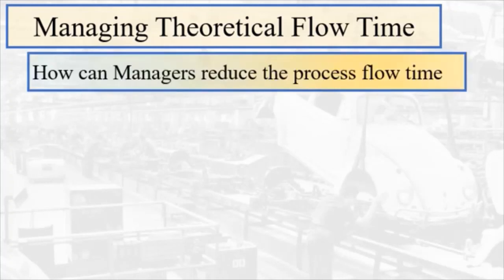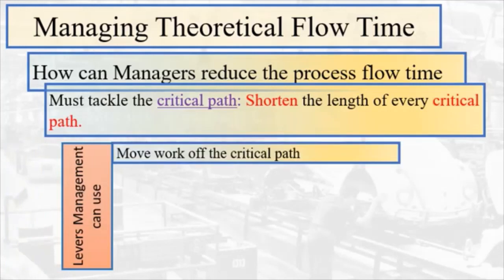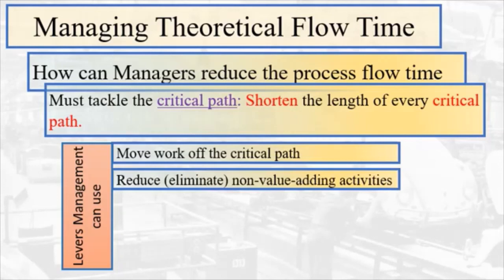Now, what tools do managers have for managing theoretical flow time? First of all, obviously we want to reduce flow time. We said from the beginning, it's very important to reduce. So flow time T, right here, we want to reduce as much as we can.